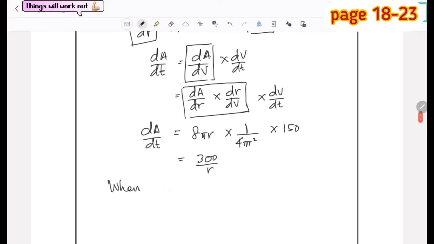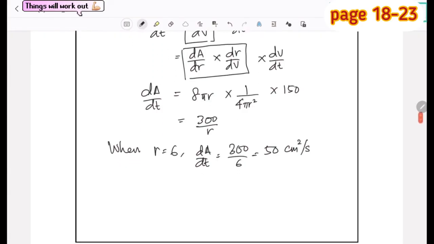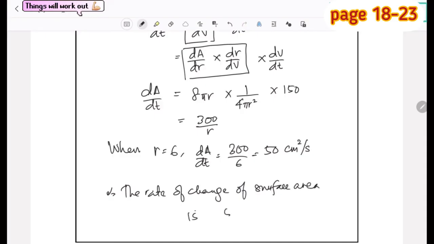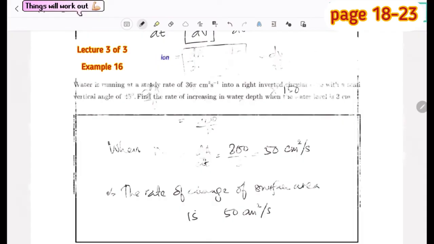When r equals 6, dA/dt is 300 over 6, so we get 50 cm squared per second. Area has power of 2. Hence, the rate of change of surface area is 50 cm squared per second.